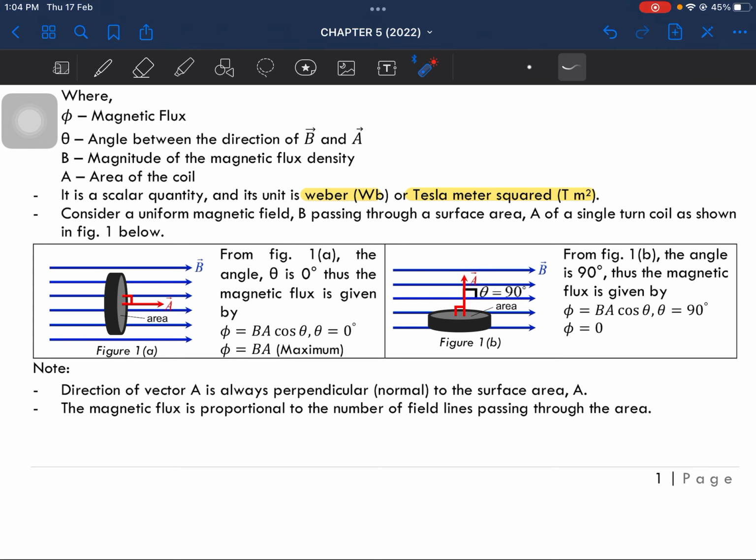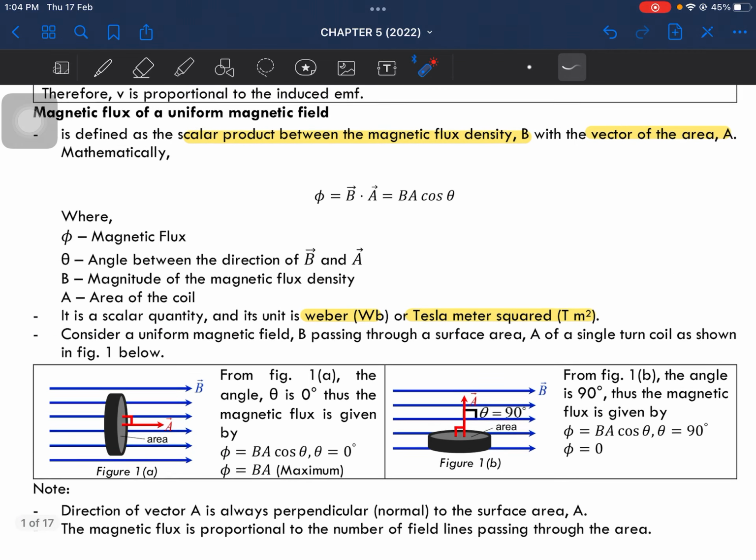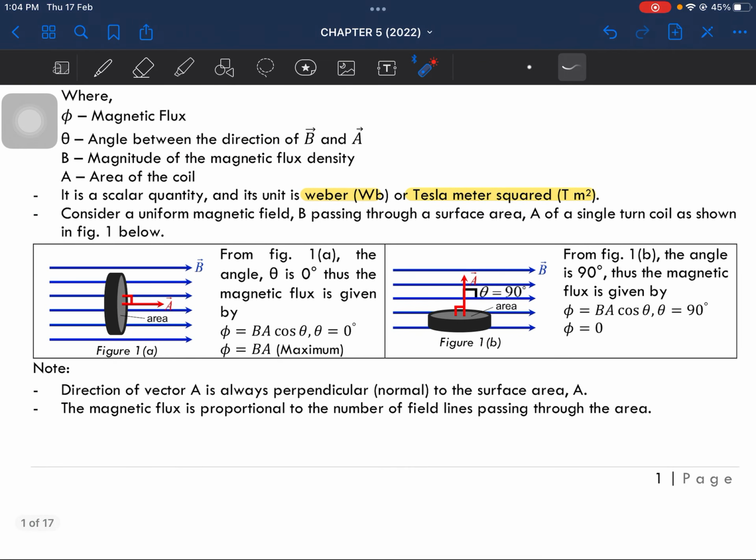The angle between this area and the magnetic flux density is 0 degrees, hence it gives us a maximum magnetic flux. So when theta is equal to 0 degrees, magnetic flux is at a maximum. It is the opposite of the last chapter, where it was sine theta instead of cos theta. So an angle of 0 gives us a maximum magnetic flux.